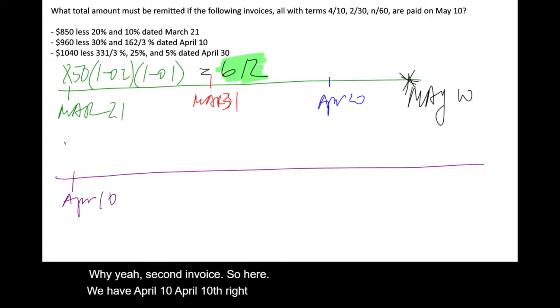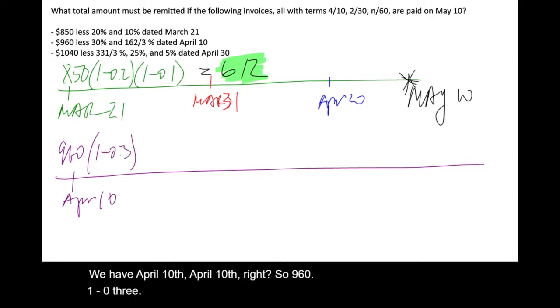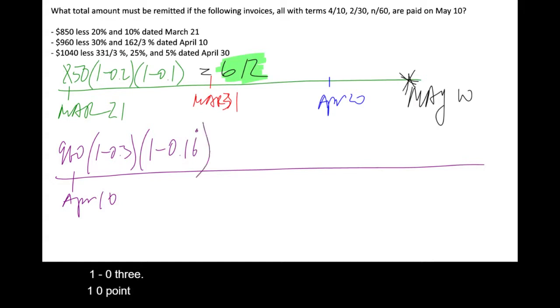So 960, 1 minus 0.3, 1 minus 0.1 in period. Let me double check. They love that 2/3, 1/3, and stuff like that. So April 10, 10 days, April 20th, right?